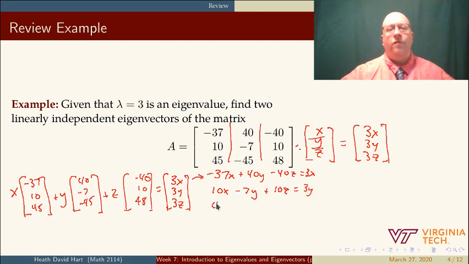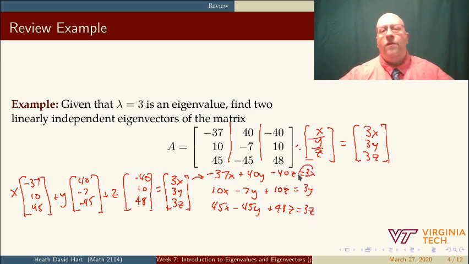And the bottom row says 45x minus 45y plus 48z equals 3z. What I'm going to do is take all three of these terms on the right-hand side and bring them over to the left side of the equations.